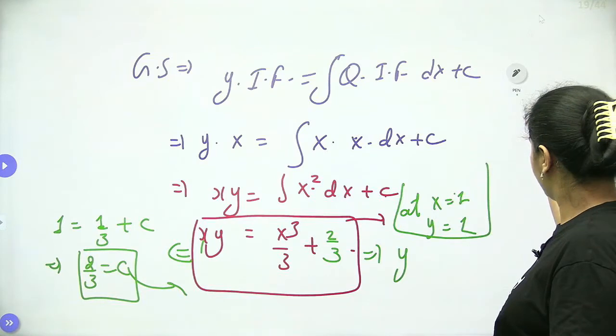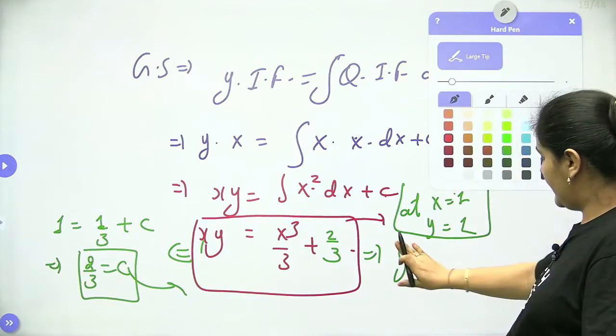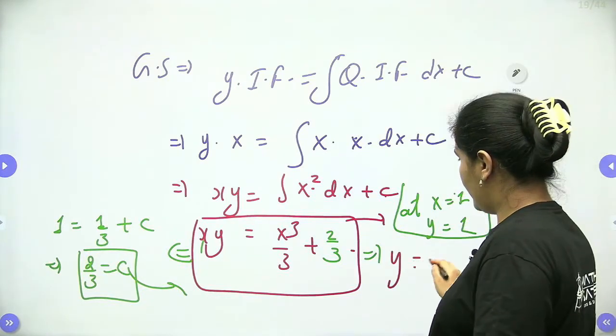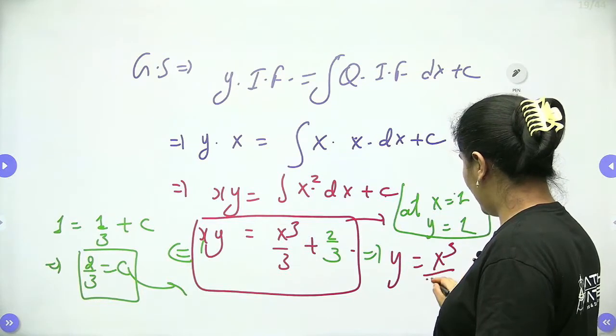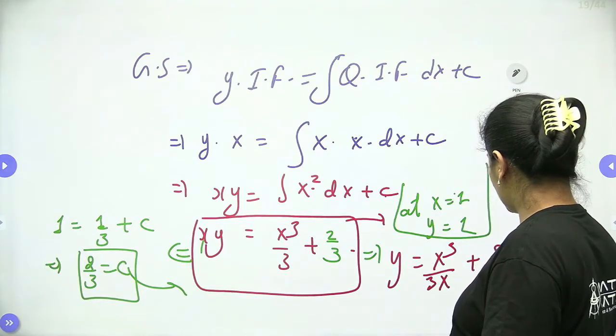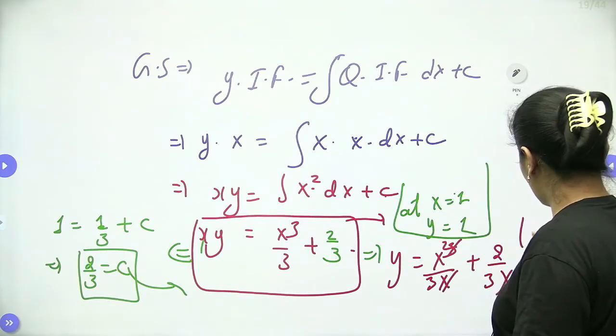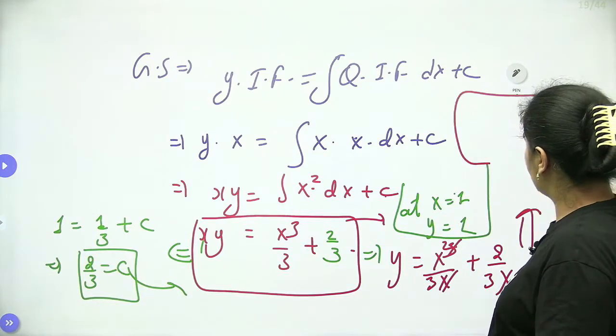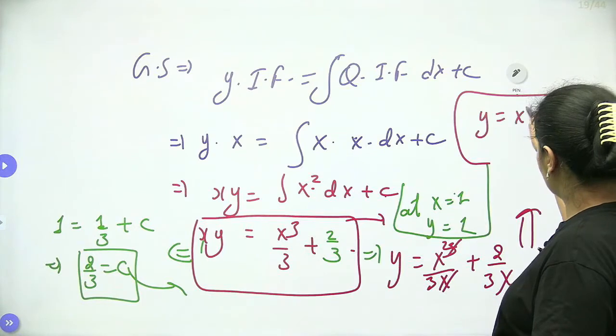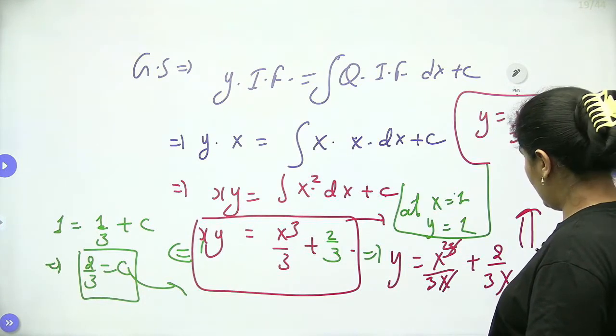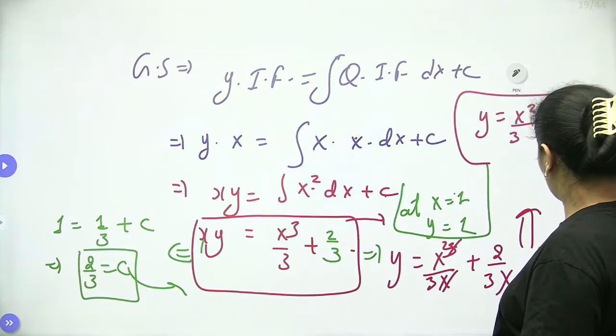So y is equals to x cube by 3x plus 2 by 3x, and x and x will cancel out, so here it will be x square only. So your general solution will be y is equals to x square by 3 plus 2 by 3x.